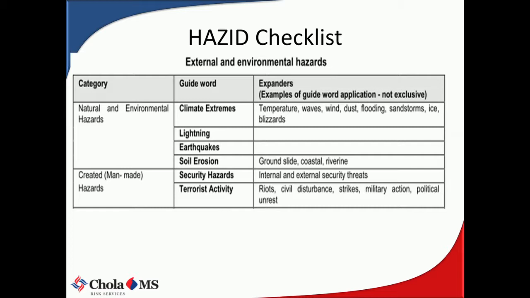Or if you're putting up a plant in an extreme climate like Himachal Pradesh, where the temperature can go to freezing at 0, then there are possibilities of any chemical or oil freezing, so you need to take that much care. Similarly, where there is wind, dust, flooding, or sandstorm, you need to review based on that type of location. If you have extreme climates, then you need to take adequate precautions. Are adequate precautions taken? That's what we need to see.